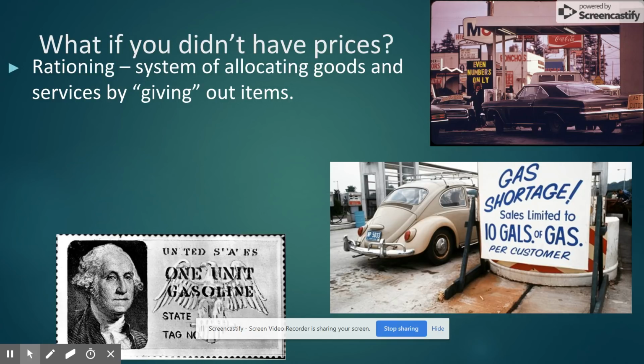Some states, down here in the bottom, you see this little ticket that looks like a stamp that was actually a gasoline voucher. It was a way to ration items. But here's the problem with a gasoline voucher or with any kind of rationing. Let's say you have a teenager who has a car, who literally just drives the car because he wants to. He thinks it's cool and it's fun.